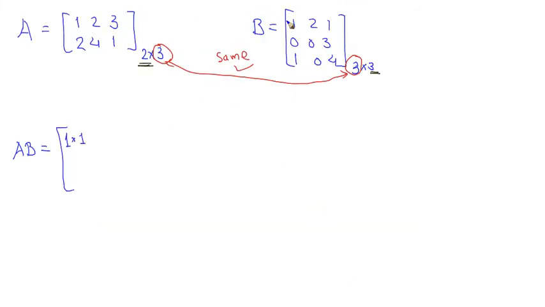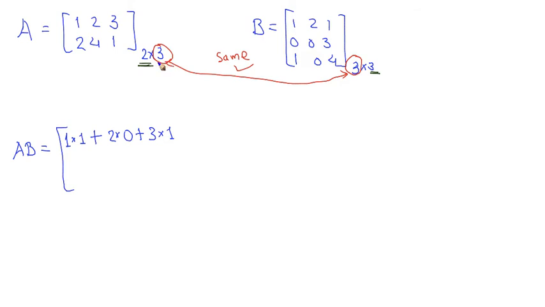So 1 into 1, plus, there was a summation, you can see in the material, 2 into 0, plus the third entry of this and the third entry of this, 3 into 1. Here we go row wise, here column wise. That is why this condition is necessary.